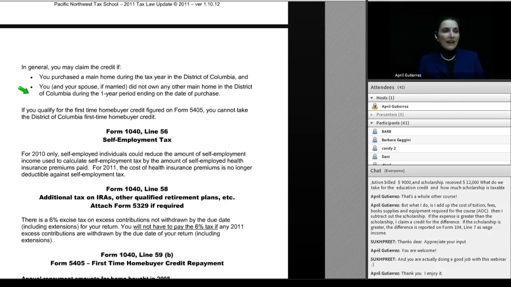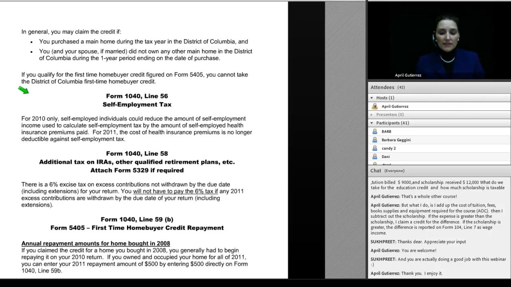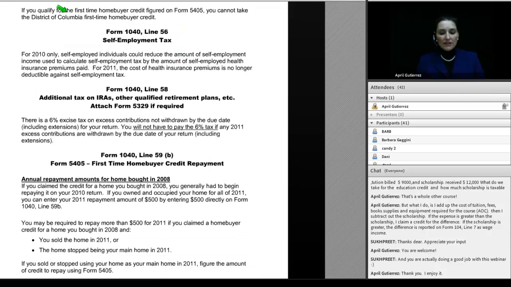And the deal with the credit is it has historically had a carry-forward provision. So even after you move out of the home and leave the state, you may still own the home and be continuing to claim the credit. All right, but wait, if you happen to qualify for the first-time homebuyer credit claimed on Form 5405, you may not claim both credits. In fact, you can only claim the one on 5405 and you're not allowed the DC credit.